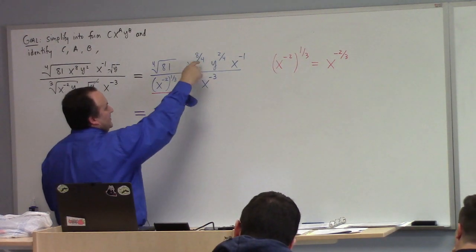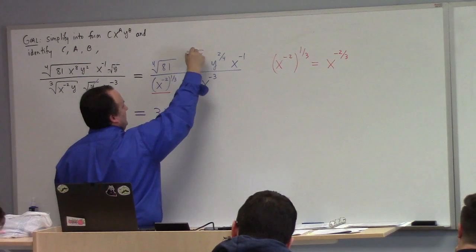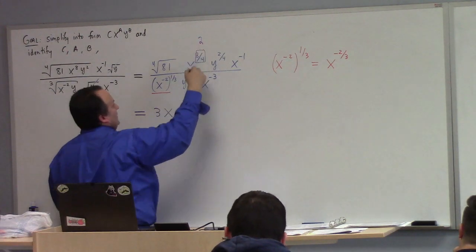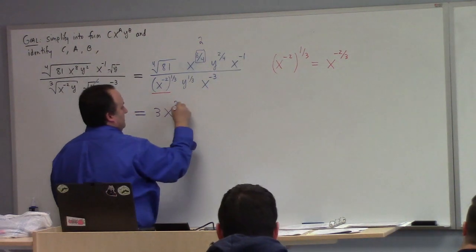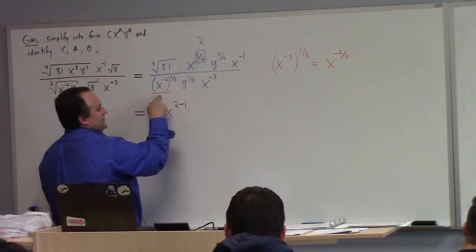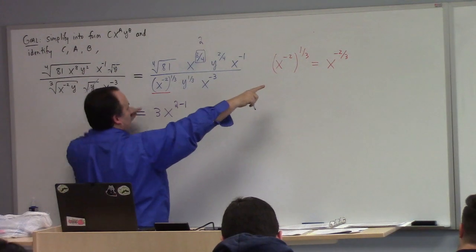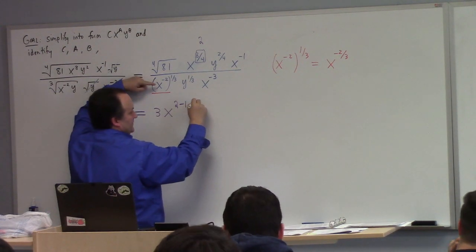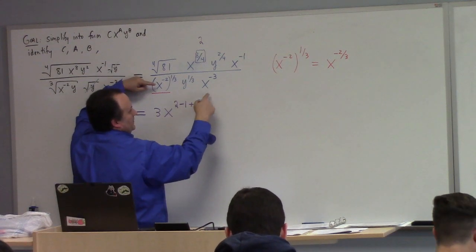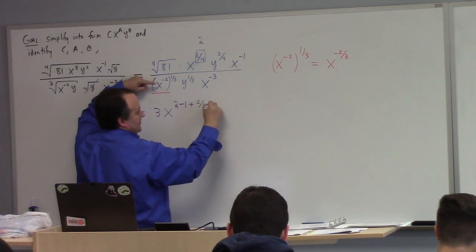All right, what's 8 divided by 4? That's 2, right? So I've got 2 minus 1. And then downstairs I've got minus 2/3, right? But because it's in the denominator, I do plus 2/3. And then this minus 3 gives me a plus 3.